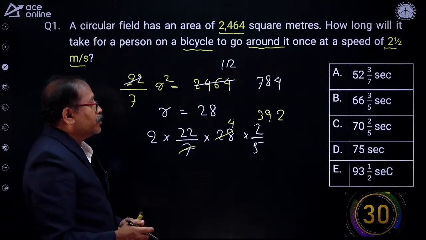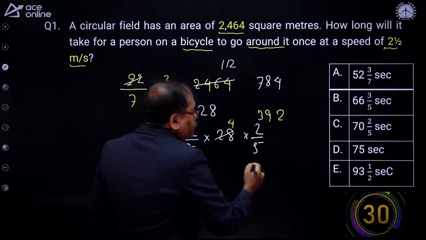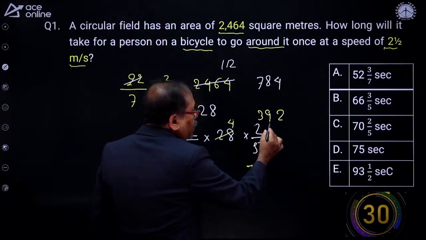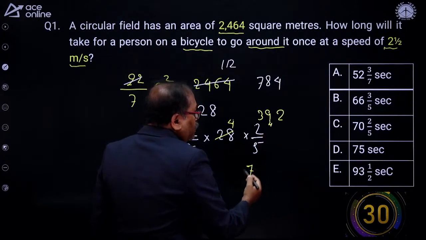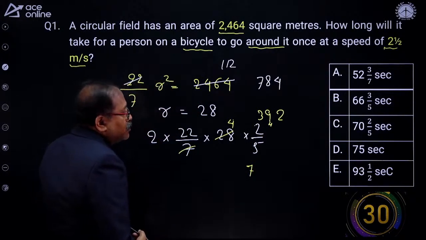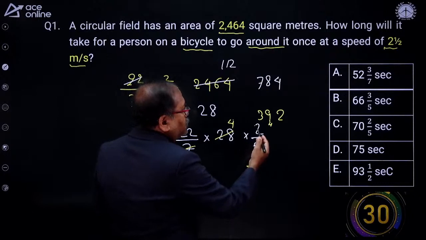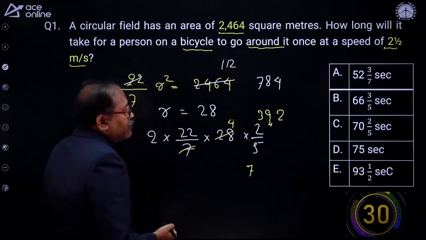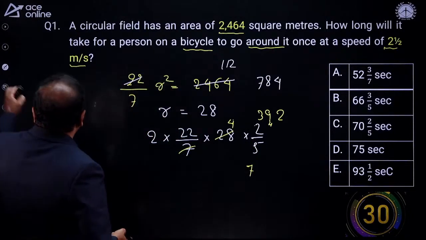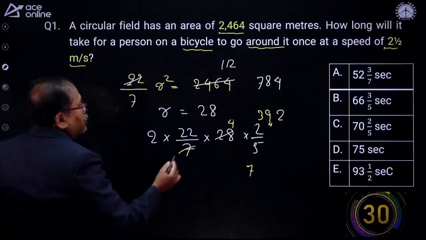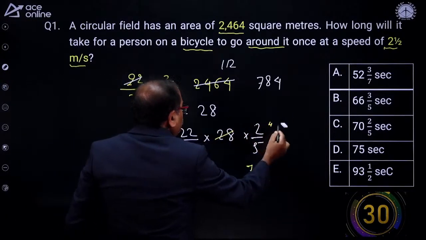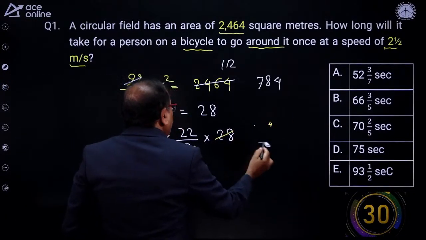Now can you notice that 5 7s are 35, and I am left with 4 here, and the next 7 5s are 35. So something is going wrong. Let me correct it over here.